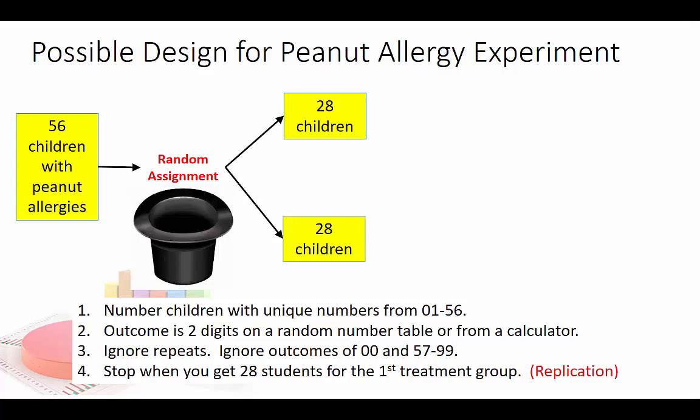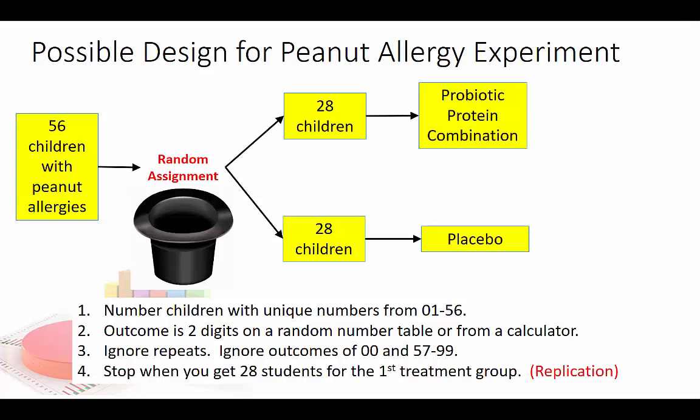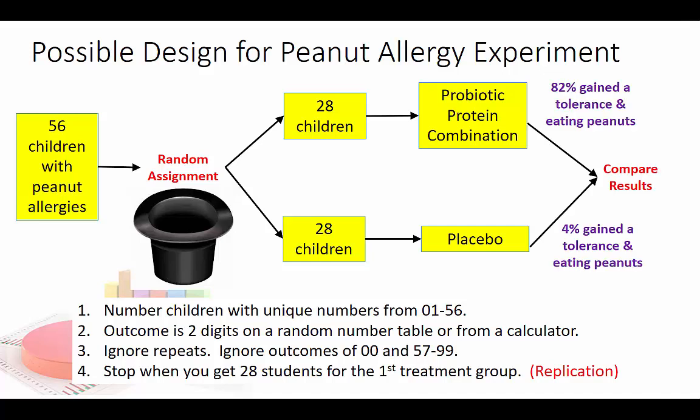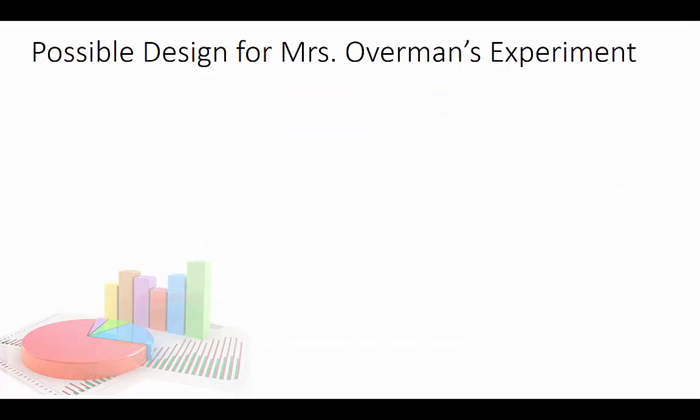So now I've got my two groups of 28 children. One of them is receiving the probiotic protein combination, and the other is receiving the placebo. So then we measured their results, and that's where we saw the 82% that gained a tolerance and the 4% that gained a tolerance.